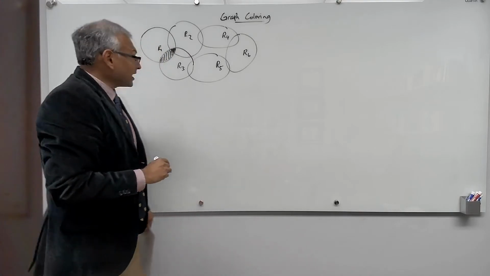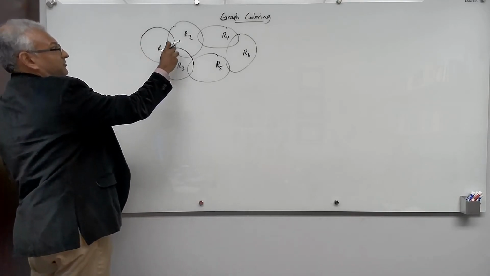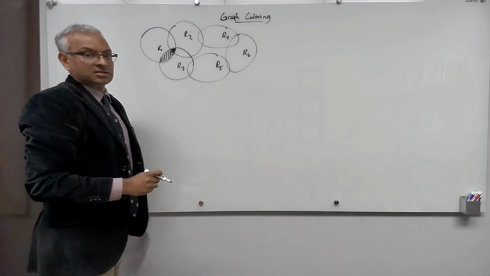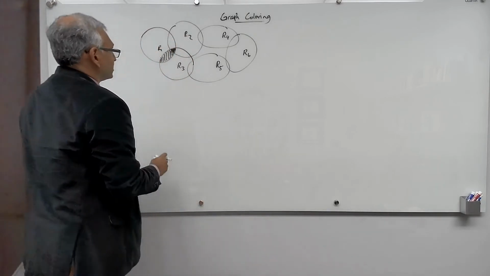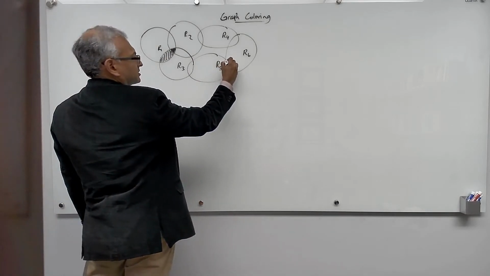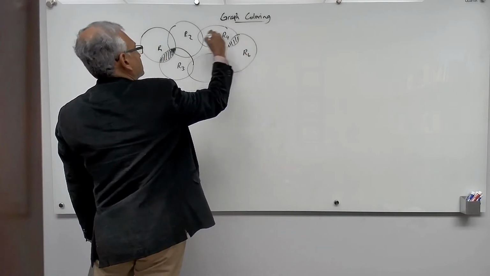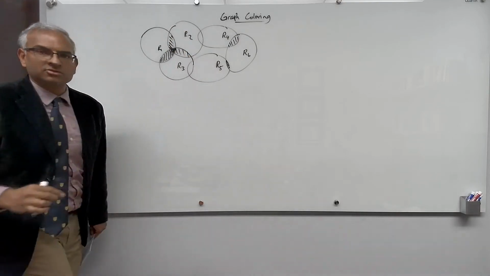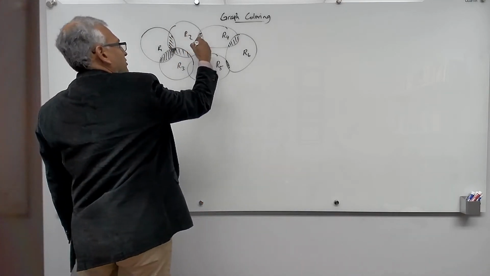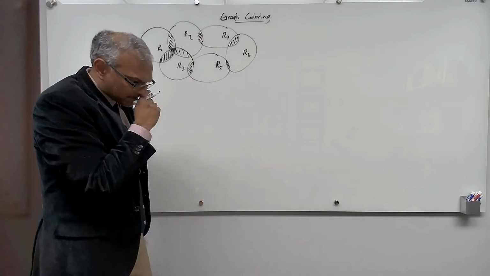So if any of them are broadcasting at the same frequency, that listener will hear garbage. Same thing here. So this is a region of intersection. Basically, where 2 regions intersect, the corresponding radio stations must be using different frequencies.